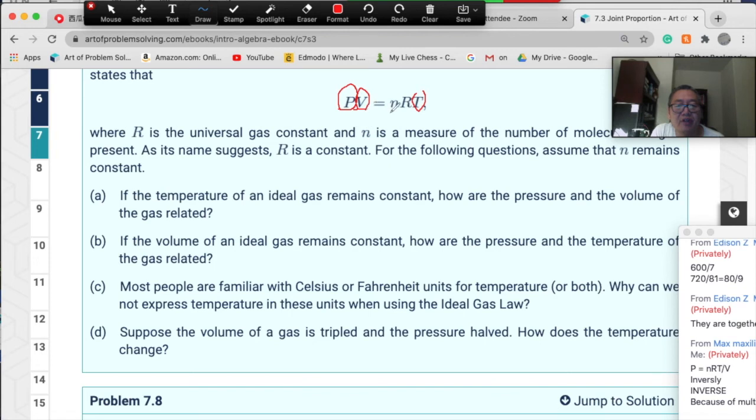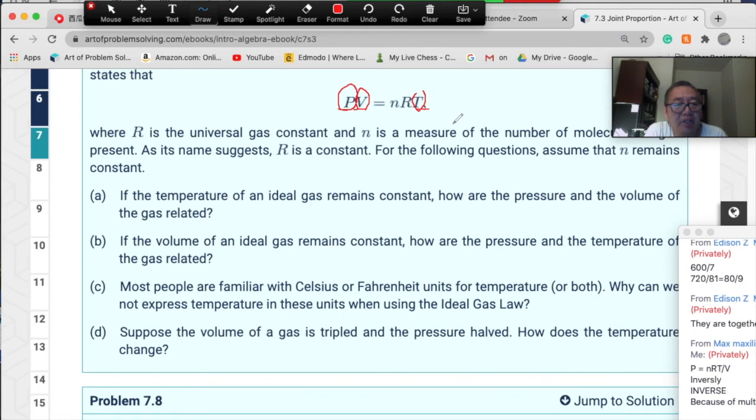I think they're interchangeable. Yeah, P and T definitely will change. So when P changes, T definitely will change. When T changes, P also will change. The only ones that do not change are N, R, and V.